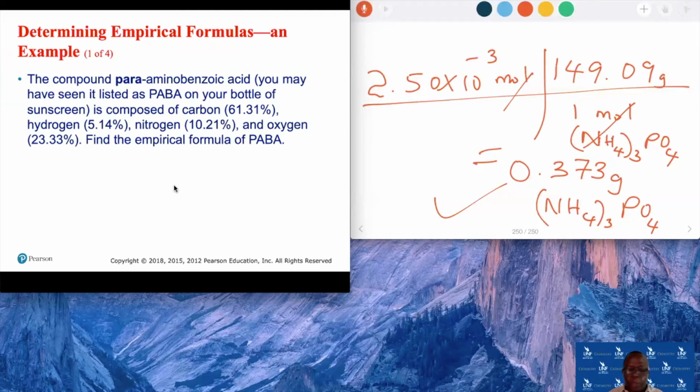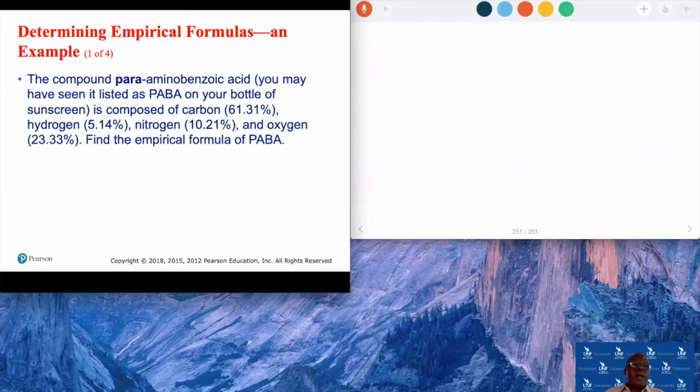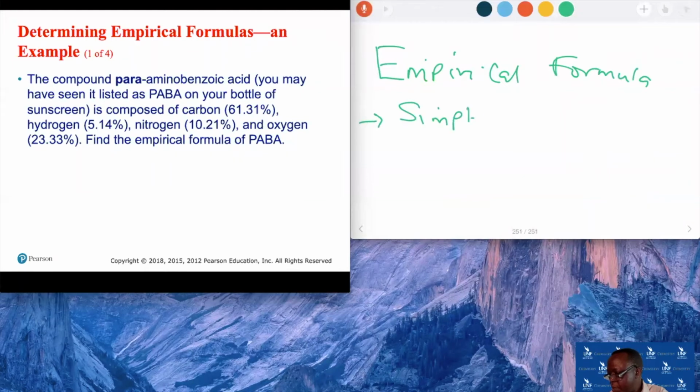So let's go back to the concept I skipped, the empirical formula of compounds. This is a different ball game altogether. Before we solve problems on empirical formula, the empirical formula is the simplest whole number ratio of atoms in a compound.